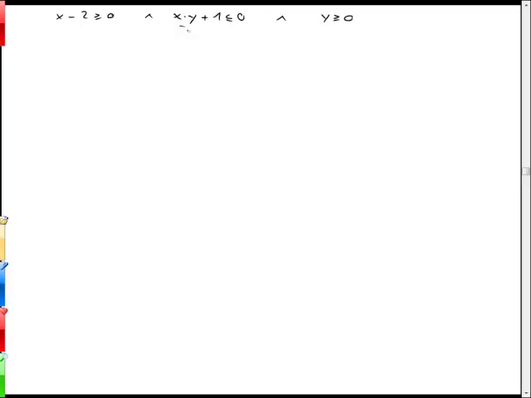Okay, so we first choose a variable for which we want to generate the test candidates, so the variable we want to eliminate. So let's take x here first to eliminate. And for x, we have two constraints containing it.